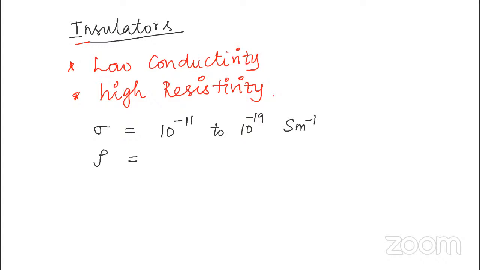It is 10 power plus 11 and plus 19, that's all. 10 power 11 to 10 power 19 ohm meter.